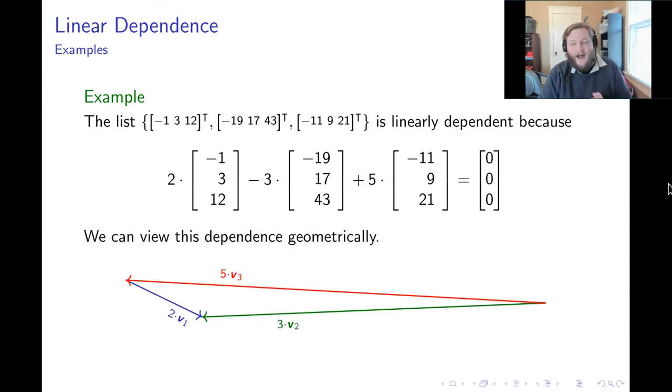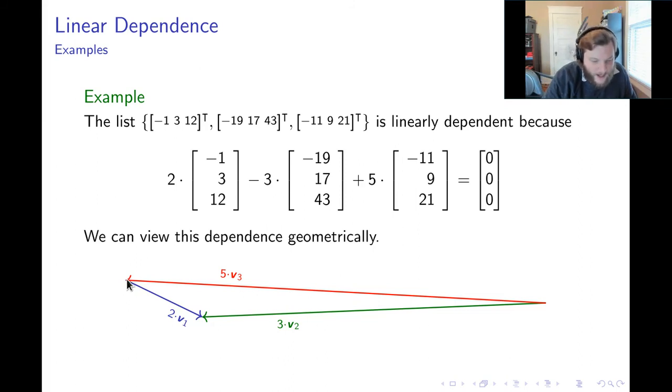Now, I think it's kind of interesting that we can view this equation geometrically. So what we're saying is that 2 times the first vector minus 3 times the second vector plus 5 times the third vector is the 0 vector. So let's imagine, so we have this diagram of vectors here. If we start in the upper left-hand corner and we just follow a pathway, what we're doing is we're geometrically interpreting this equation.